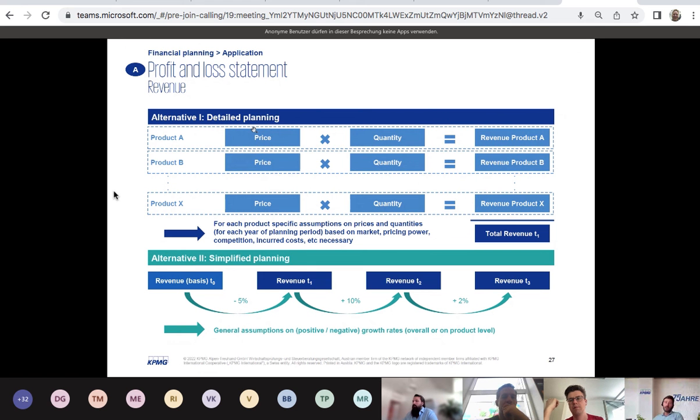For example, you could do your revenue planning on a very detailed level. If you have, say, 10 products in your company, you could create a price and quantity structure for each product, get the revenue per product, and sum it up.